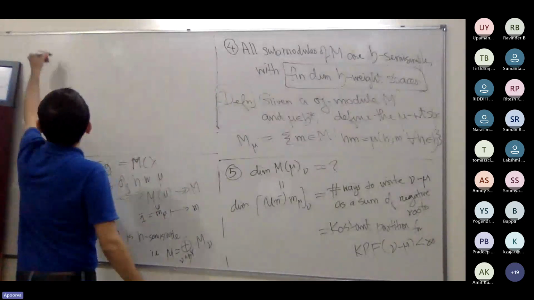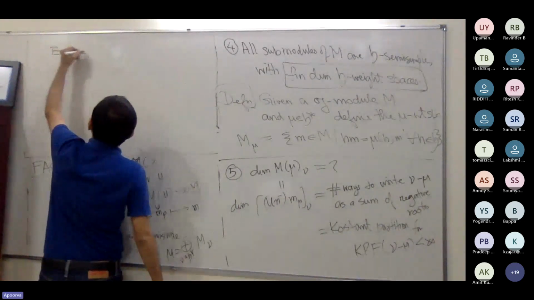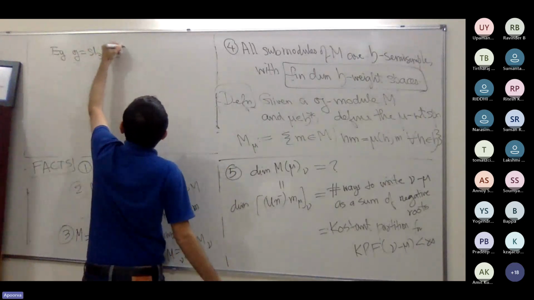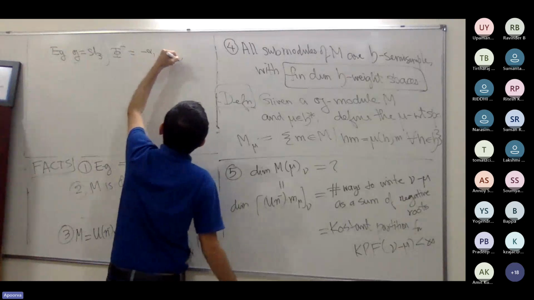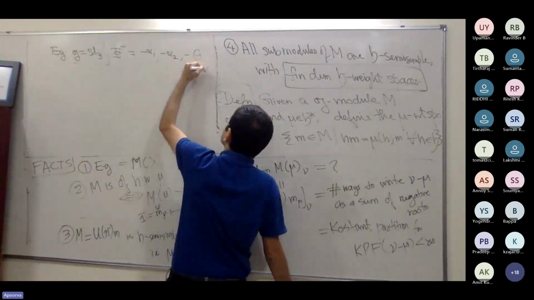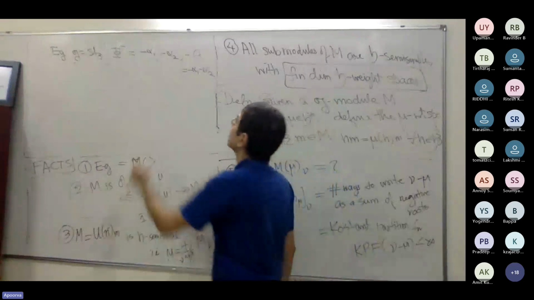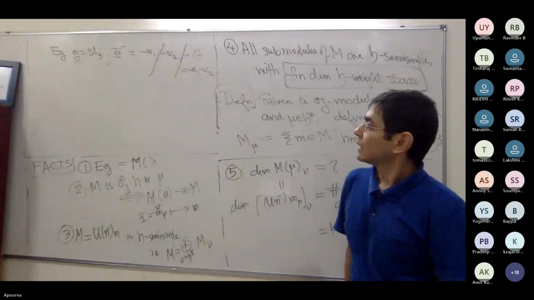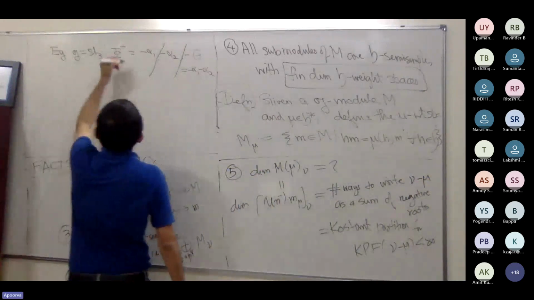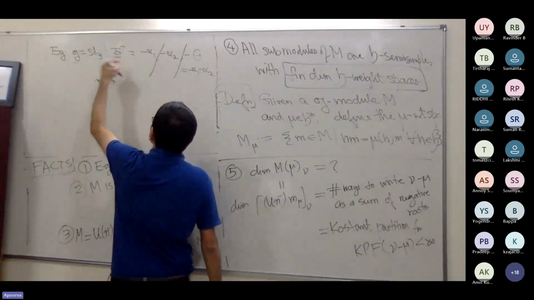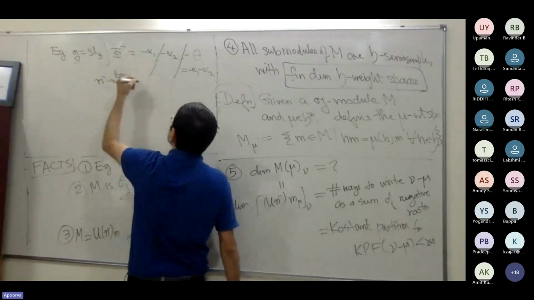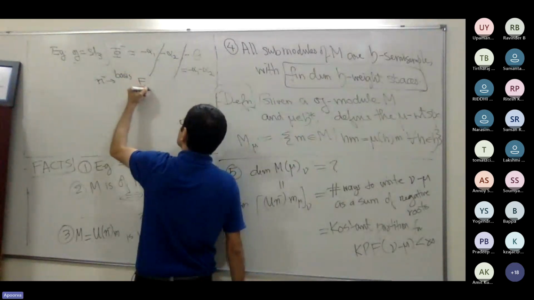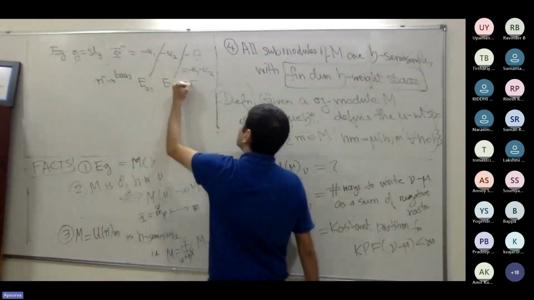Okay, so for example, let's say G is SL3. So n minus, the negative roots are minus alpha 1, minus alpha 2, and minus theta, which is minus alpha 1 minus alpha 2. There are 3 roots, 3 positive, 3 negative. So now for n minus, what is this? It is spanned by a basis: minus alpha 1 corresponds to, let's call it, the elementary matrix E21, E32, and E31.